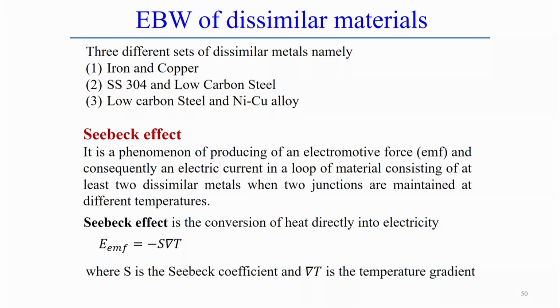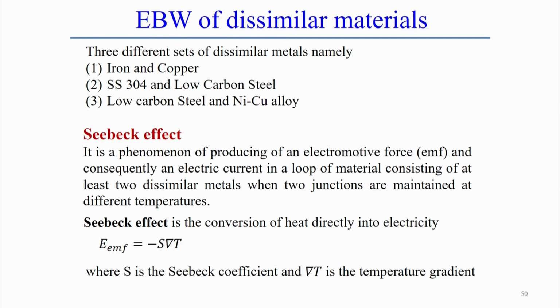Before doing that, we will look back at what the Seebeck effect is. The Seebeck effect is a phenomenon of producing an electromotive force and consequently an electric current in a loop of material consisting of at least two dissimilar materials when the junctions are maintained at two different temperatures. In general, it is the conversion of heat directly into electricity, where the heat comes in terms of the temperature gradient.